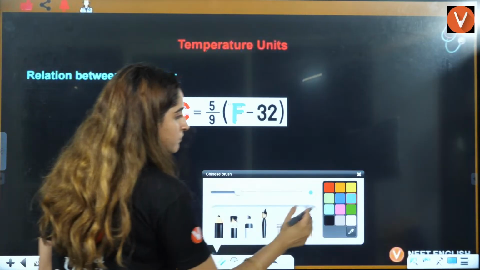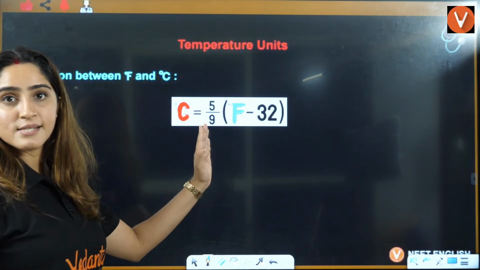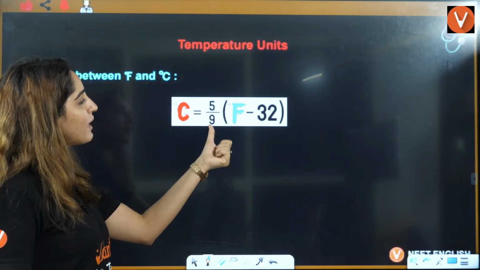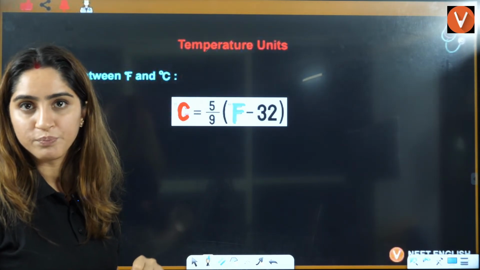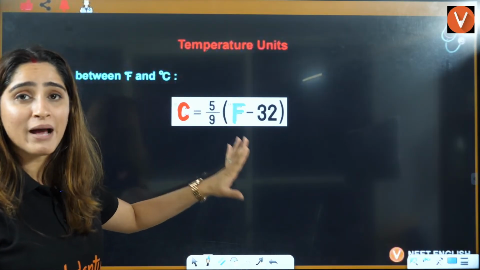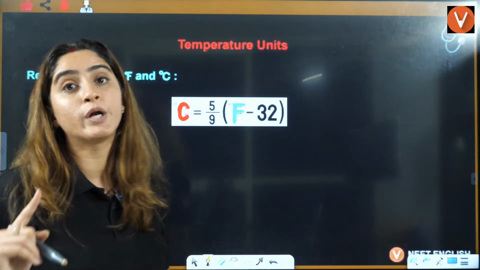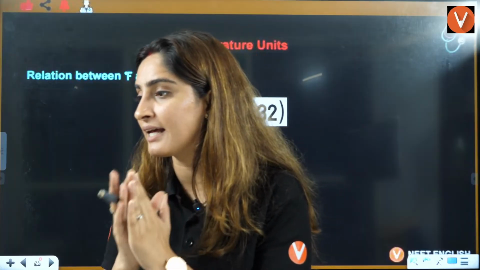Degree Celsius is equal to 5 by 9 times Fahrenheit minus 32. That you should remember. That is the conversion formula between degree Celsius and degree Fahrenheit.